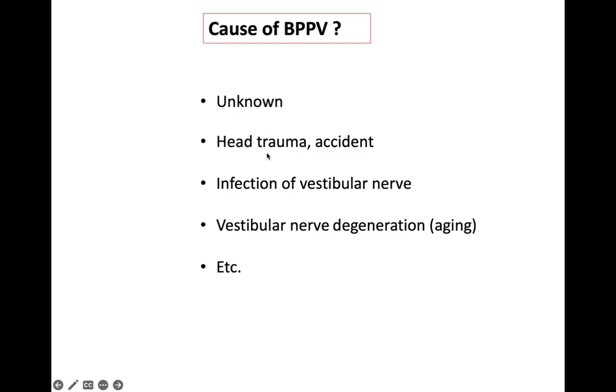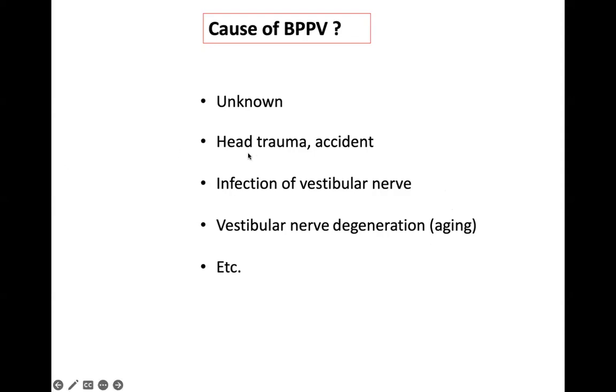Okay, because like the group 11 answer, the most common cause is aging. Okay, when you're aging, everything degenerates, right? So those gel can also be, it's not really degenerate, but it's not as complete or effective as when you're younger. So you can imagine everything is loosened, so those otoliths have a higher chance to fall off, right?